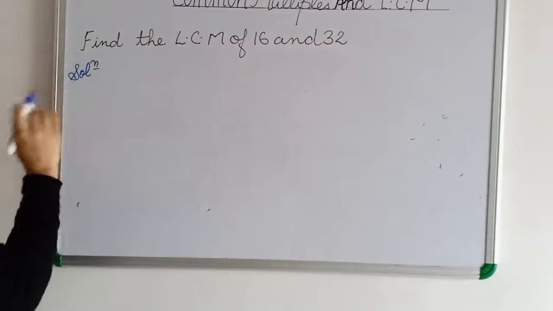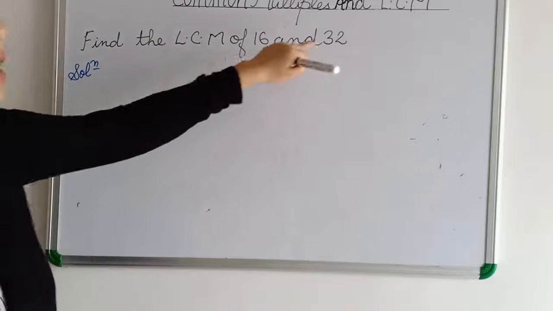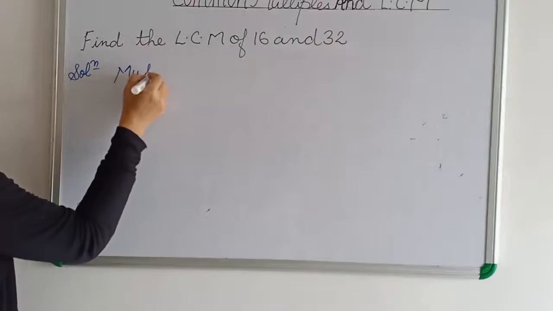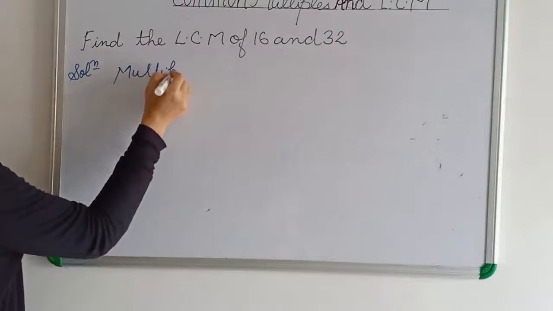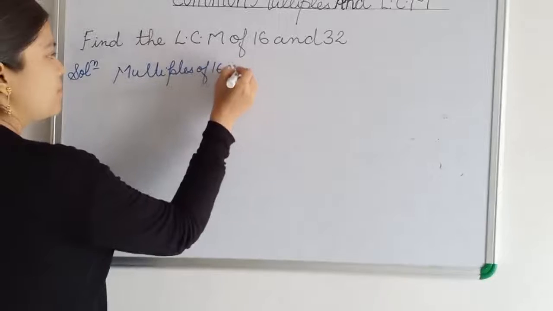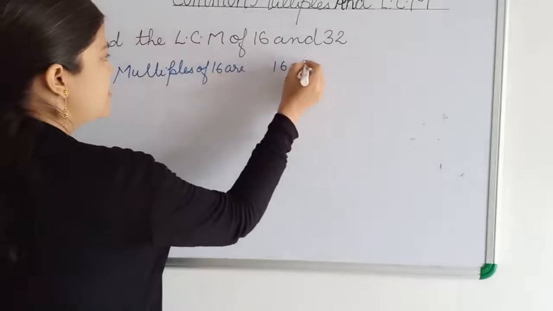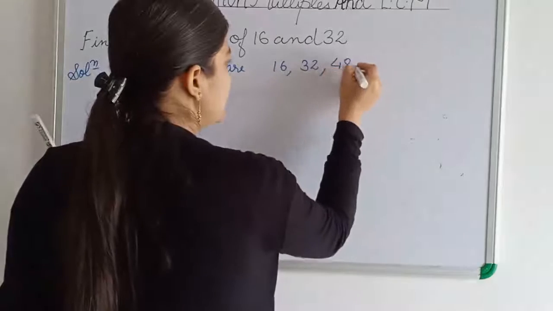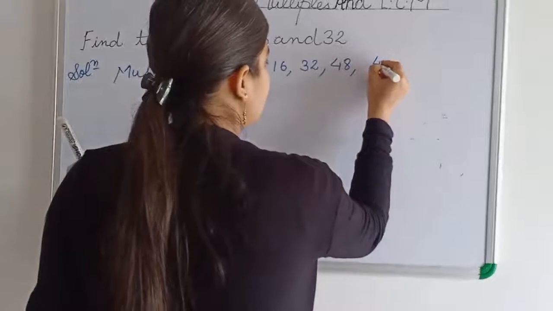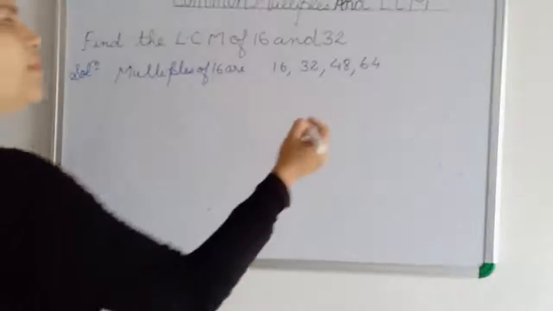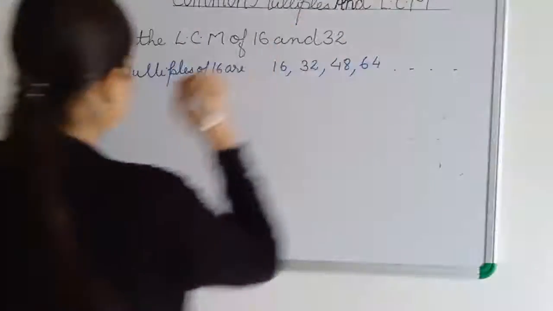Similarly, we will first find the multiples of 16 and then the multiples of 32. Multiples of 16 are 16, 32, 48, 64, okay? And so on. You can keep on multiplying and find more multiples.